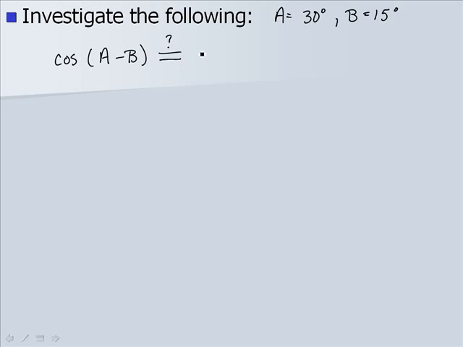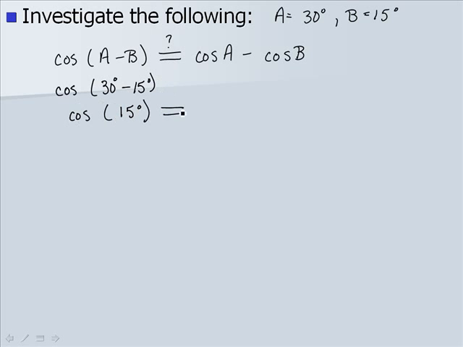Is that going to be equal to the cosine of A minus the cosine of B? So we have the cosine of 30 degrees minus 15 degrees, which would be the cosine of 15 degrees. And we want to see, is that equal to the cosine of 30 degrees minus the cosine of 15 degrees?